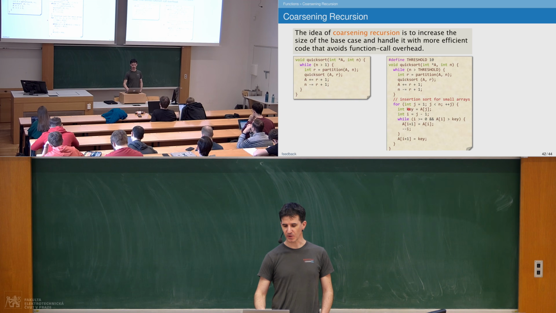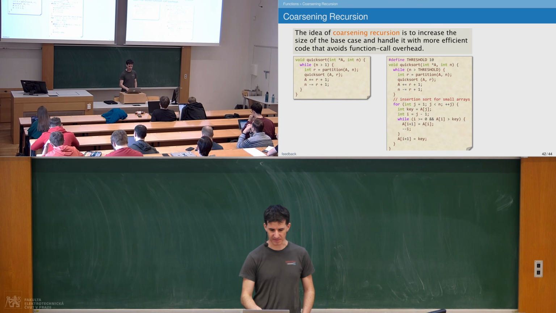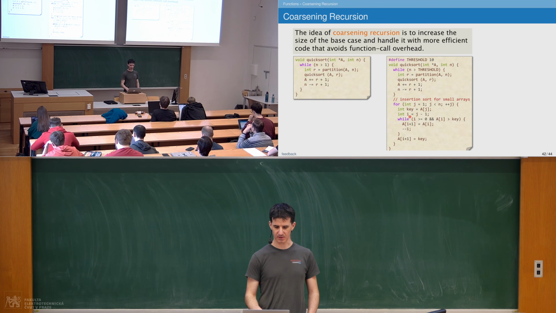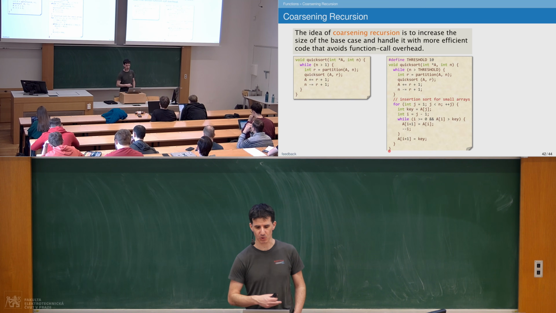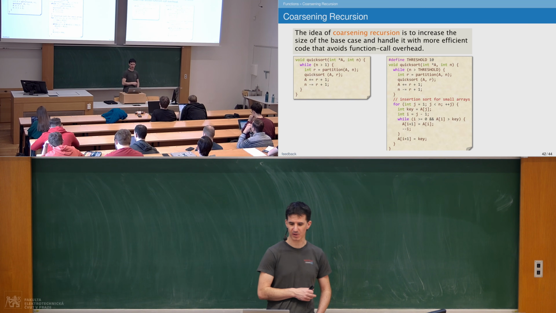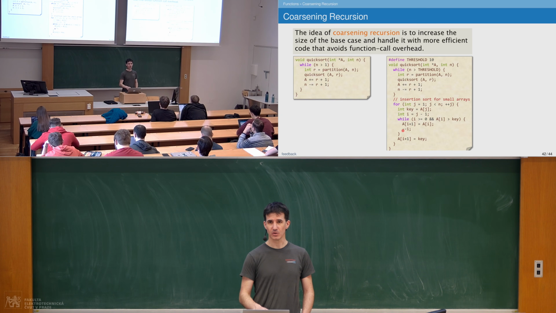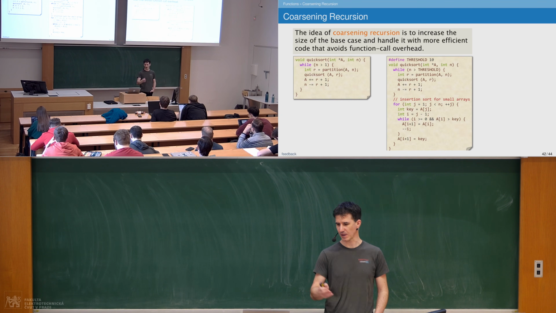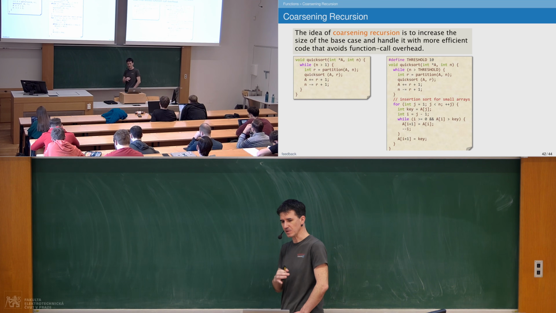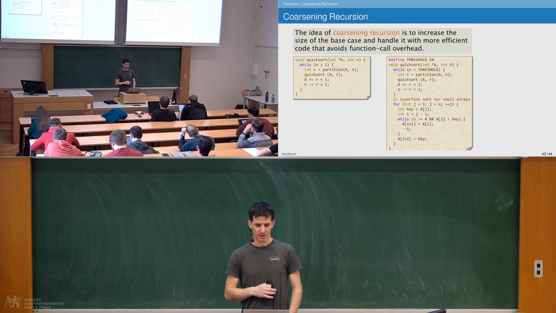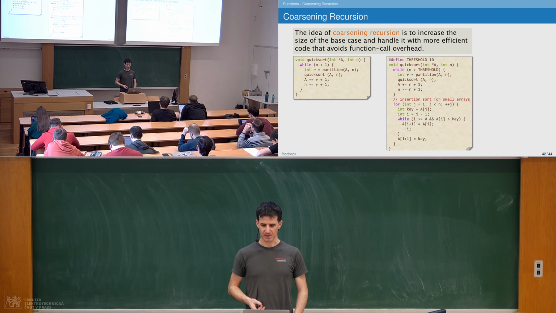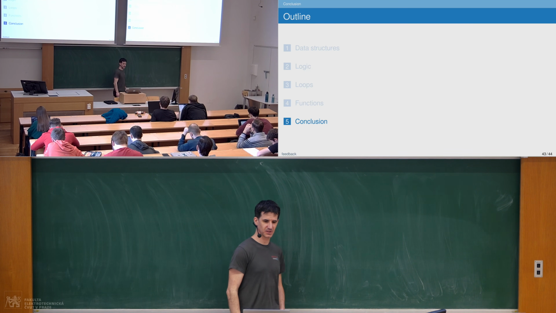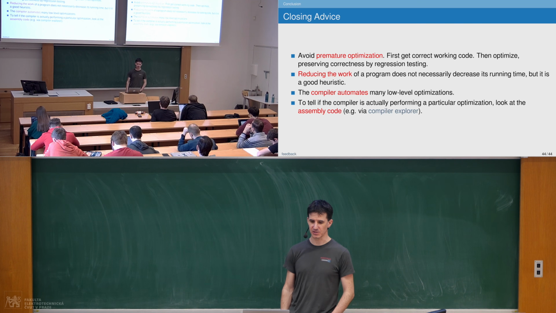If n is sufficiently small, instead of going to the recursive function, you can use some more efficient sorting algorithm. Here it is simple insertion sort, and this way you can also speed up your sorting algorithm by switching between recursive and non-recursive implementation. Yeah, so these are Bentley rules in a nutshell.